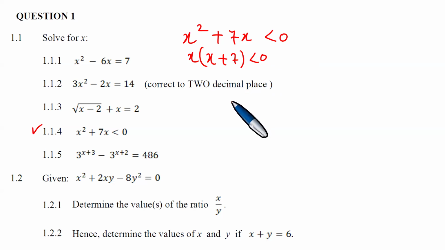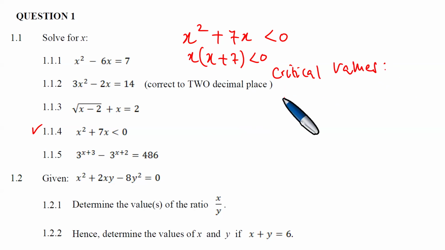What do we do? Senula, what do we do? Critical values. So you find the critical values. What are the critical values here? Anyone? x equals 0, x equals minus 7.